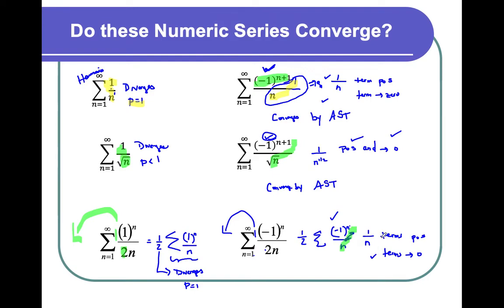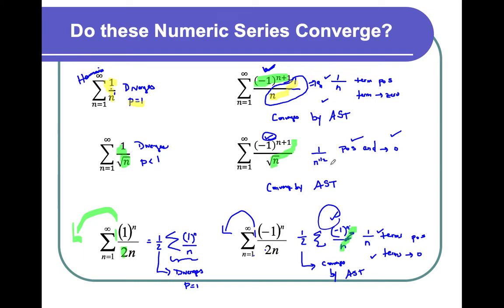Therefore, 1, 2, and all important 3. This series converges by the alternating series test, and 1/2 times a convergent series is a convergent series. Again, you could think, oh, I'm going to do a comparison of 1 over 2n to 1 over n and run a comparison test on it if you like.